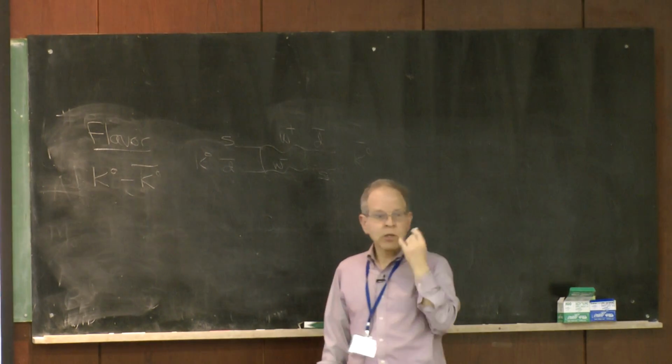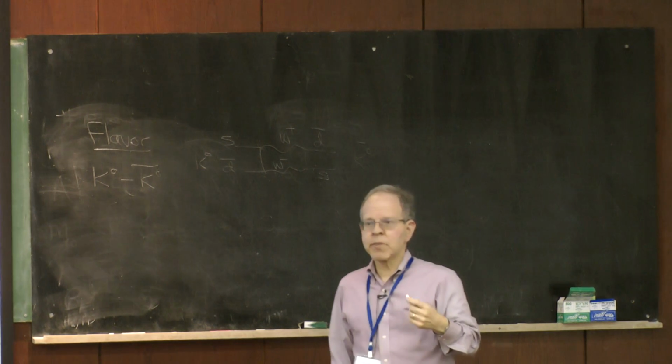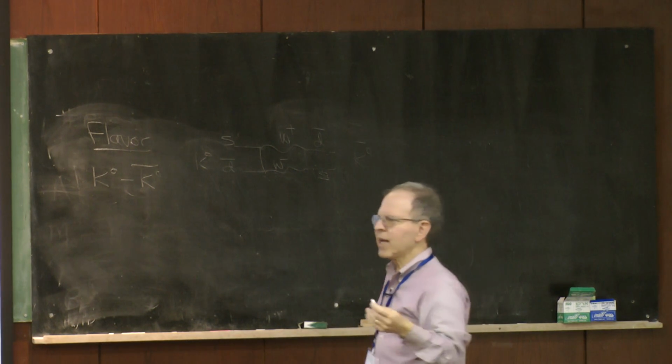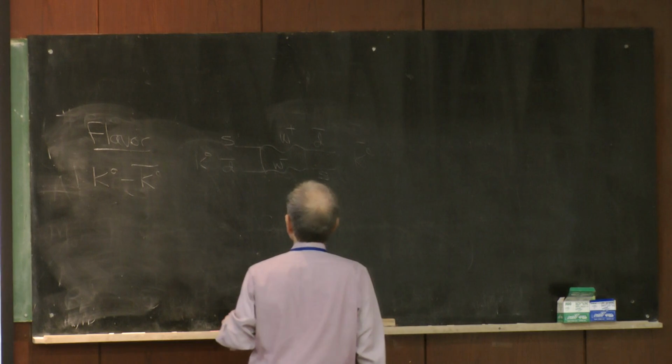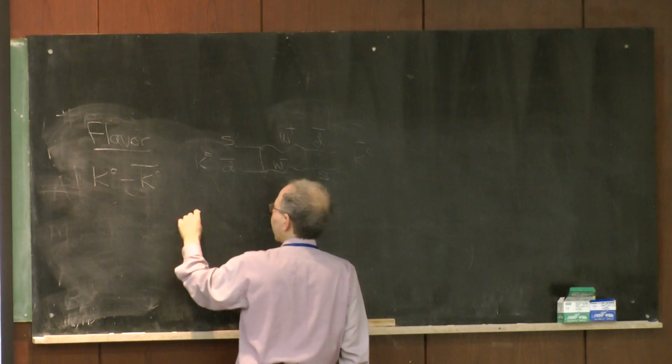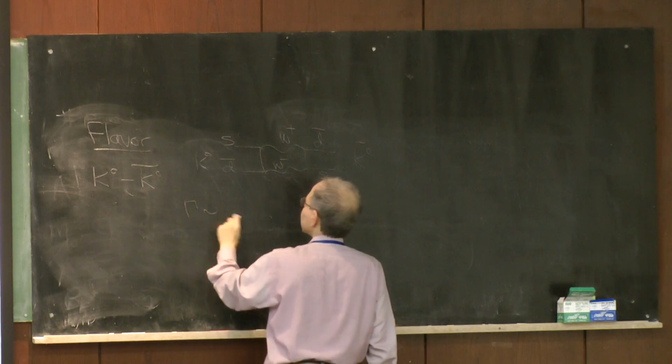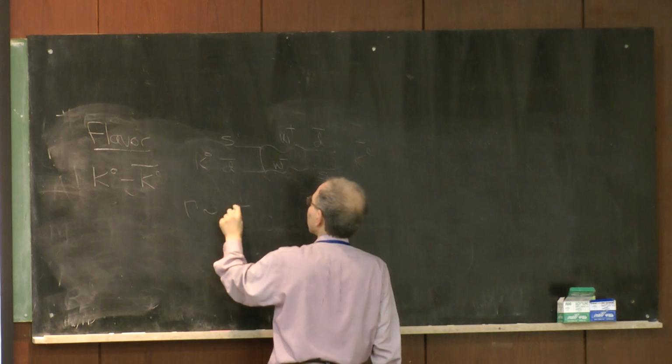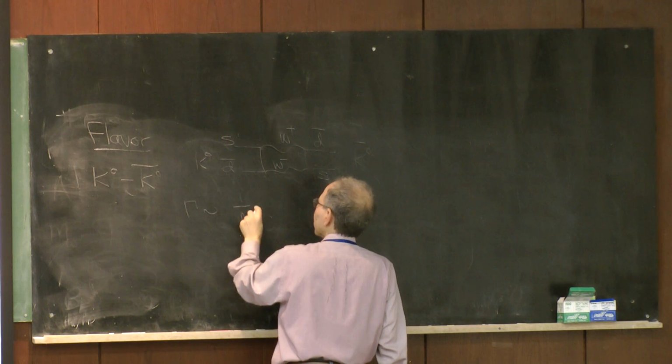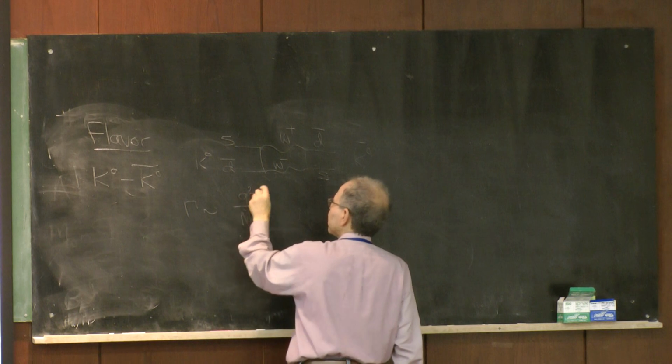Your naive guess, if you didn't do this computation, would be to write some rate, and you'd say this should go like 1 over mW squared, and there's a g squared for SU(2).